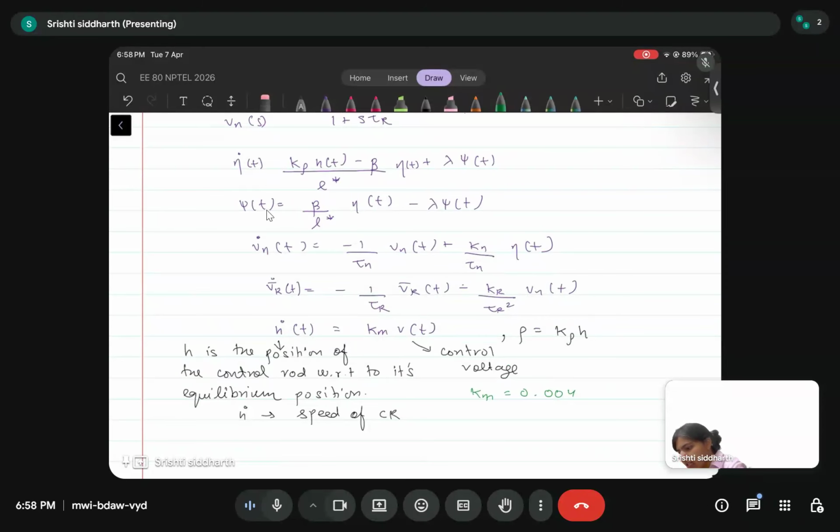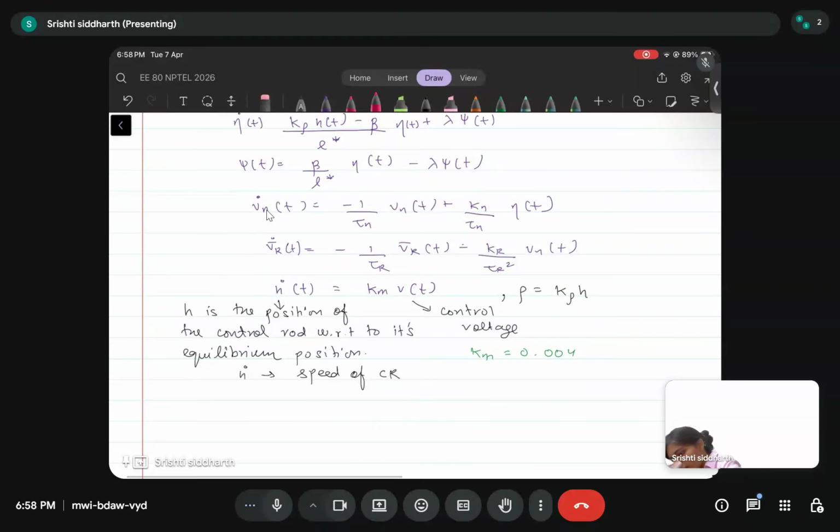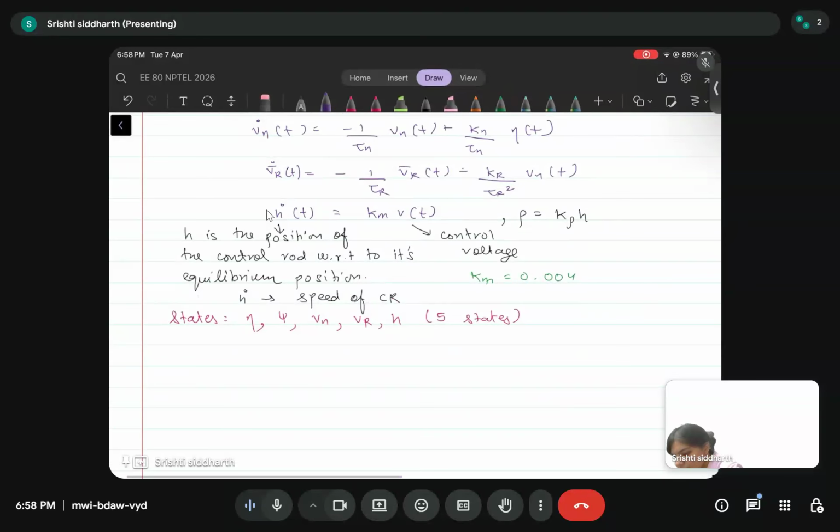There are 5 states, right? Those states are eta, psi, Vn, Vr, and H. There are 5 states. Therefore, this is a fifth order model. And it's non-linear.